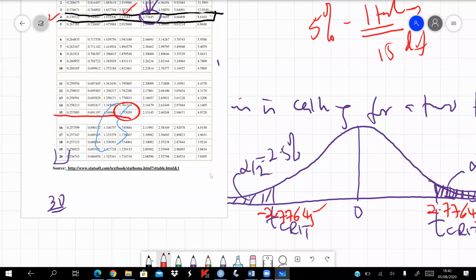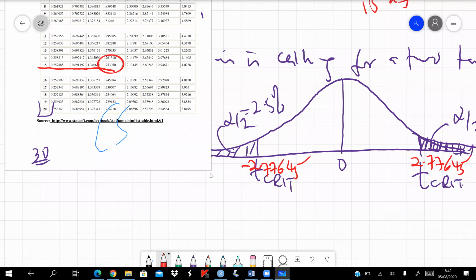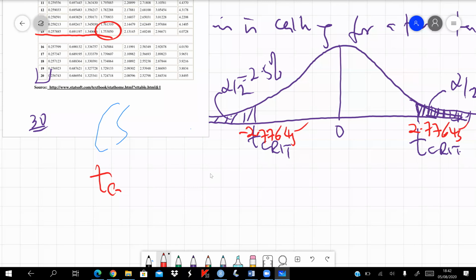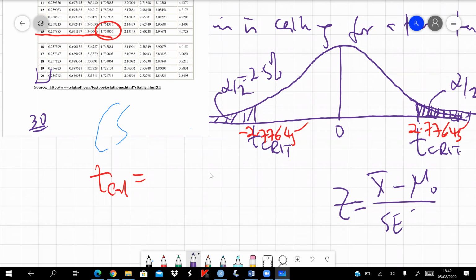So let's go back to our question. Once we get the critical value, we have the critical region and the acceptance region. The next thing is to obtain the T calculated, and it is obtained using the same formula we used for Z. If you recall, we were getting Z using X bar minus mu naught over the standard error of X bar.